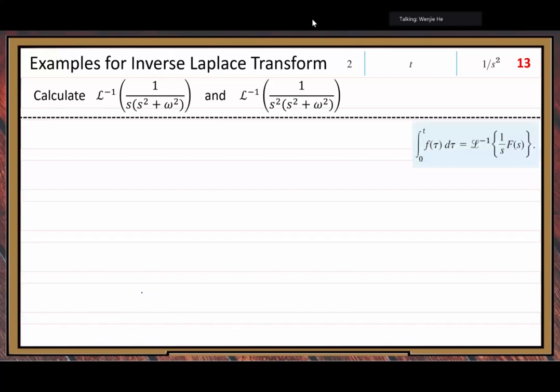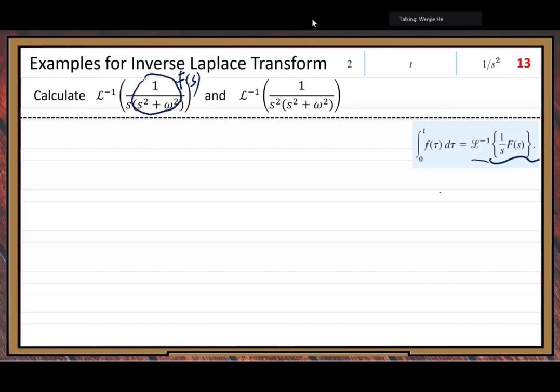Here we need to apply this formula because we have capital F divided by S. Can we treat this whole thing as capital F of S? Then we have this structure, right?